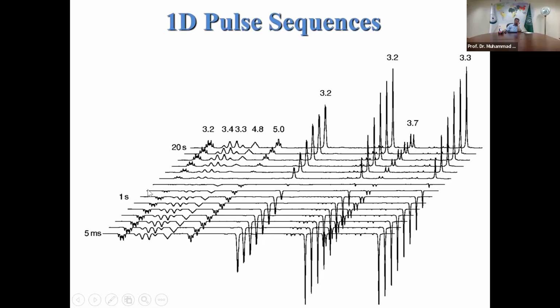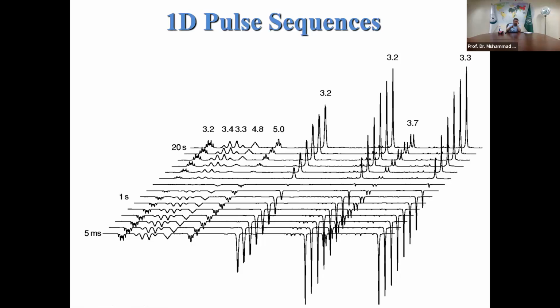Then in several experiments, there is going to be one experiment where you see nothing because upper and lower peaks are the same, so you have no signal, and then it starts appearing on the positive side, and when you give a 90x pulse, you start seeing this signal increasing in size because they're going all the way up in this Z direction.